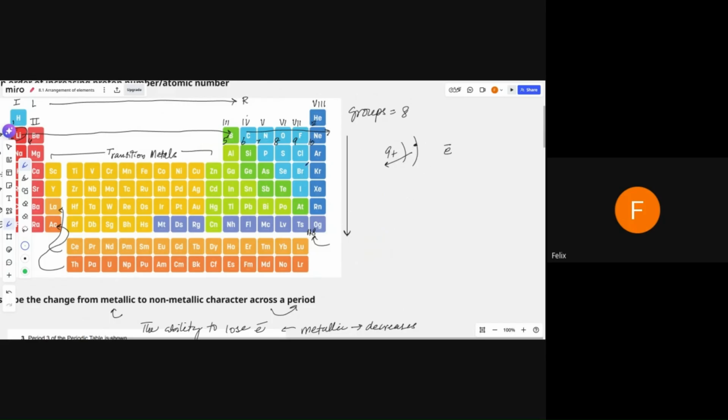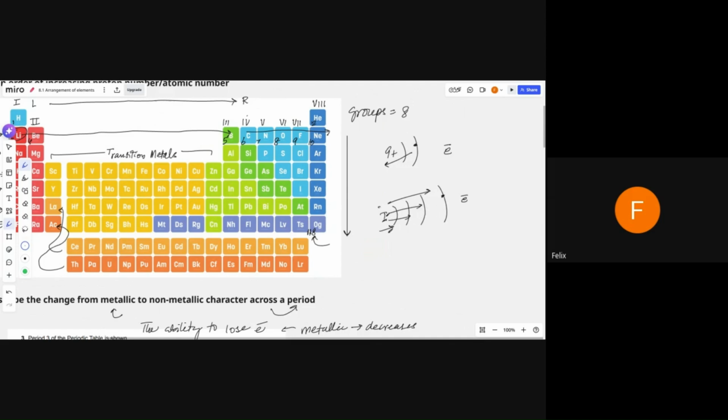So now let's compare fluorine with iodine. Iodine will have a certain number of protons, but it will have one, two, three, four shells. So similarly, just like francium, it will have the shielding effect, and now it cannot gain an electron easily because the pulling power of the nucleus is being blocked by the inner shells, right?